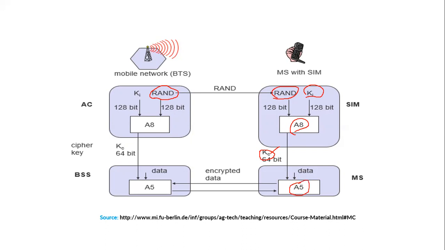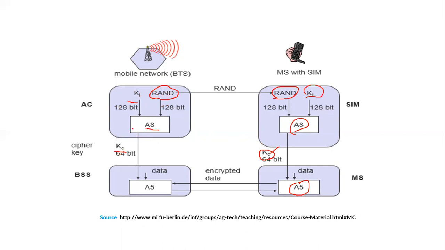Similarly, at the network end, whatever random number is generated, this random number is applied with the same key Ki on the same algorithm A8. So as a result, you will get a Kc. Both of these cipher keys should be the same.